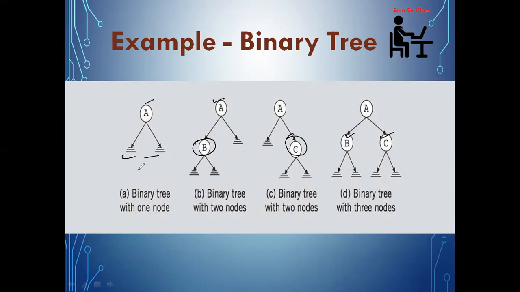So we have discussed that zero, one, or two children can be available. But to see the problem of the binary tree, you have to go to the previous slide.